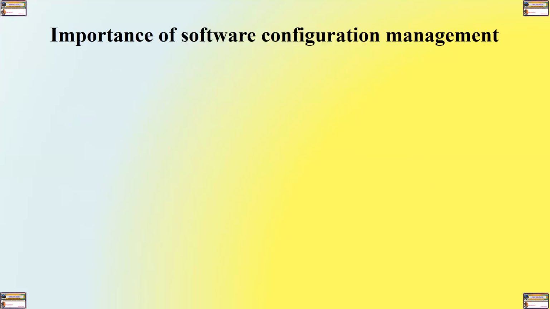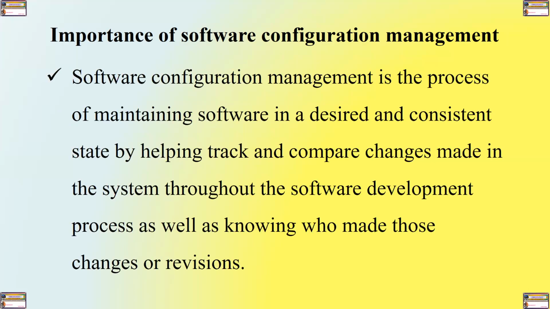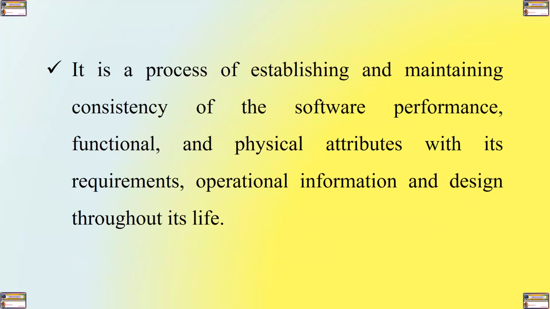Let's now look at the importance of software configuration management. Software configuration management is the process of maintaining software in a desired and consistent state by helping track and compare changes made in the system throughout the software development process, as well as knowing who made those changes or revisions.